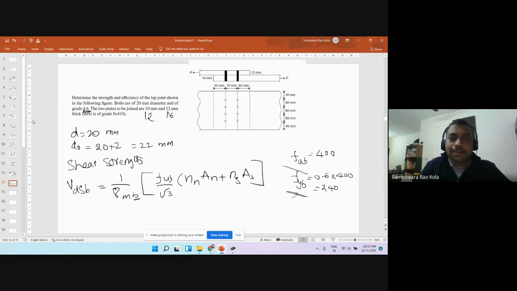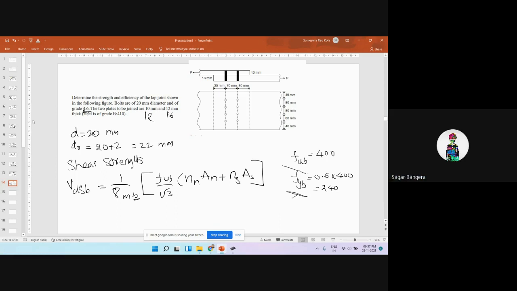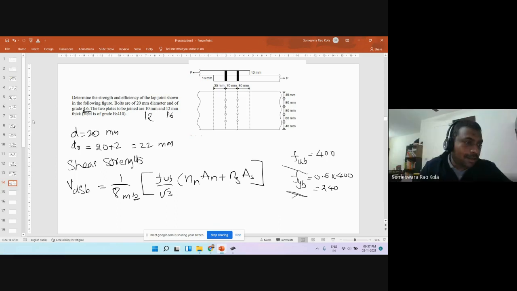Now, can someone tell me what is the shear mechanism acting on these bolts? Single shear or double shear? Single shear. Now, we can simply assume that the entire bolt is threaded.